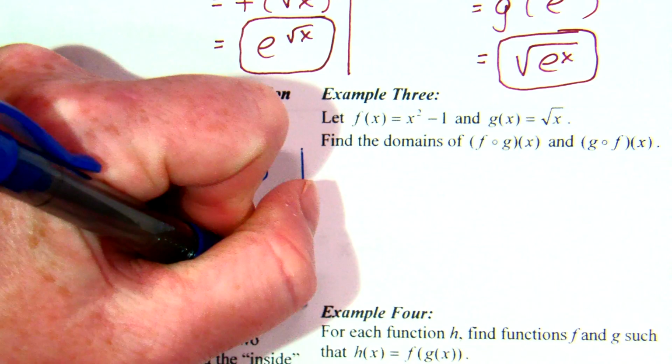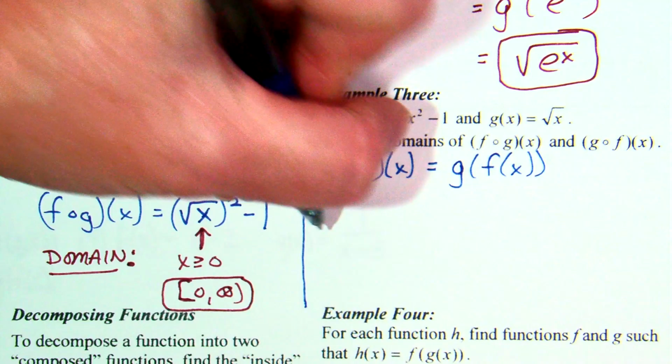Now, let's try the same thing with g∘f. So g composed with f of x. Remember, that is the same as saying g of f of x. So what is that going to look like in this situation?